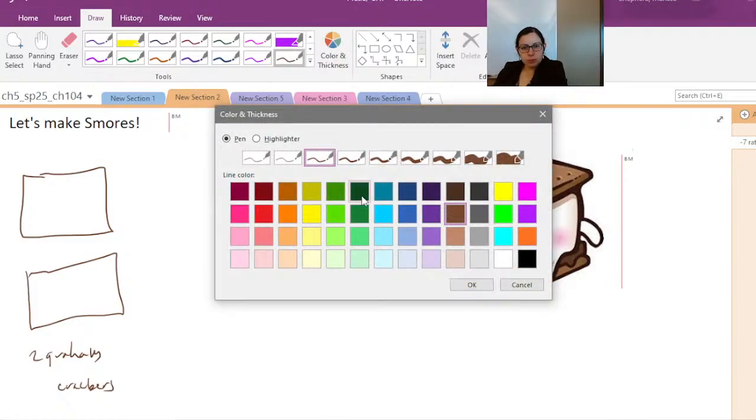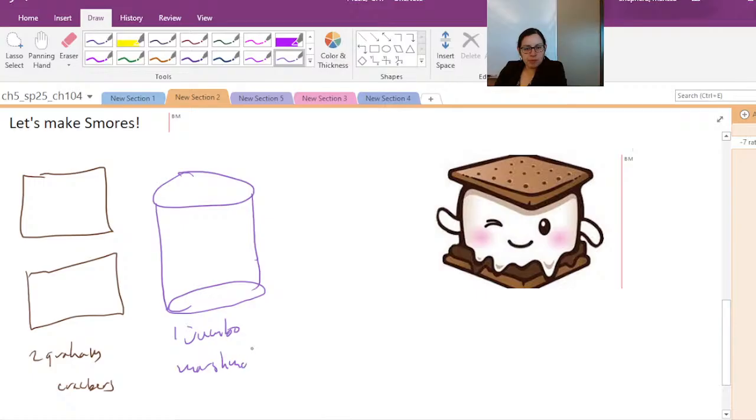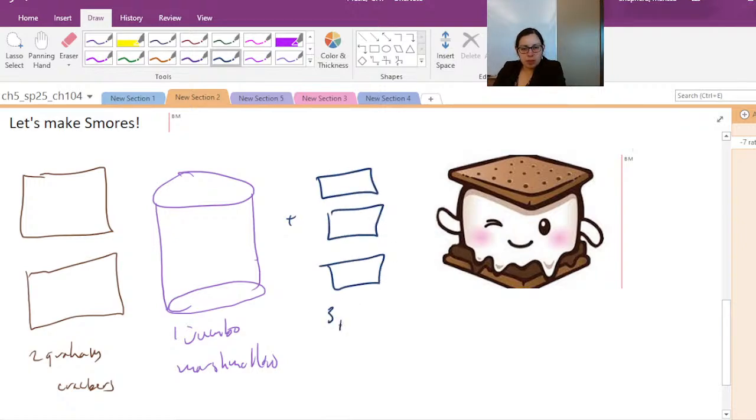And then we'll use 1 jumbo marshmallow here. And 3 pieces of chocolate. So that gives us 1 s'more.